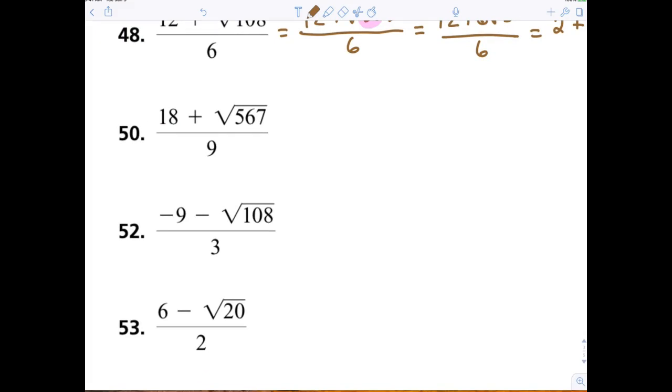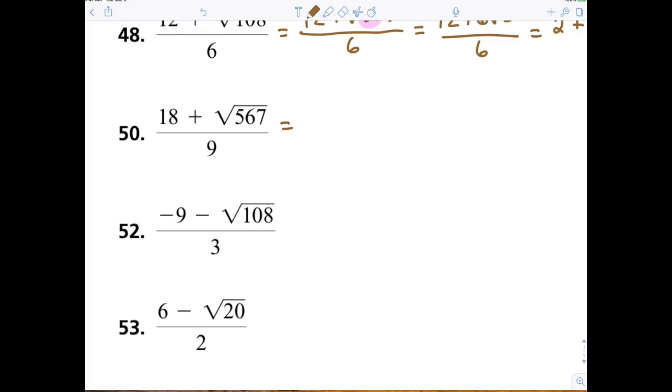Now, again, let's take out your calculator because I'm going to show you how to break it down with your calculator. Now, the perfect squares, 4 is the first one.